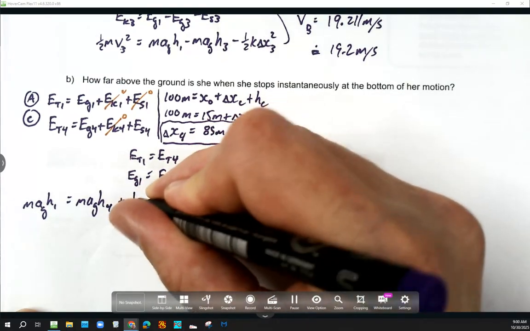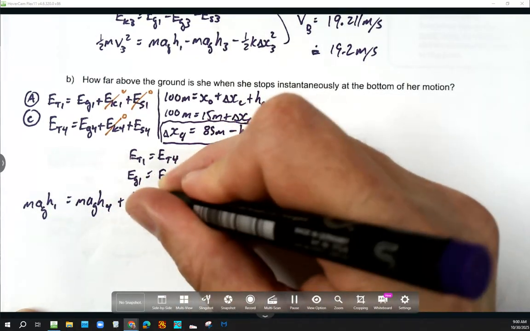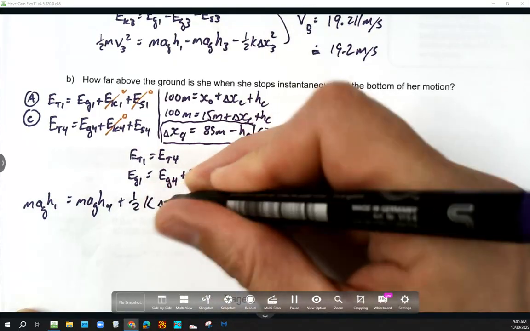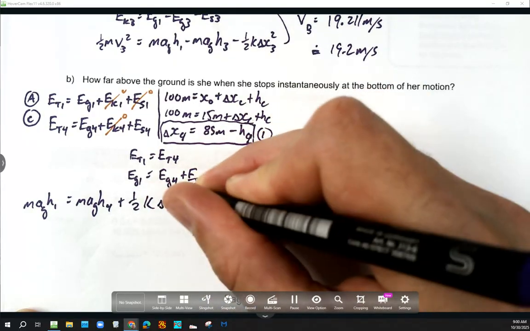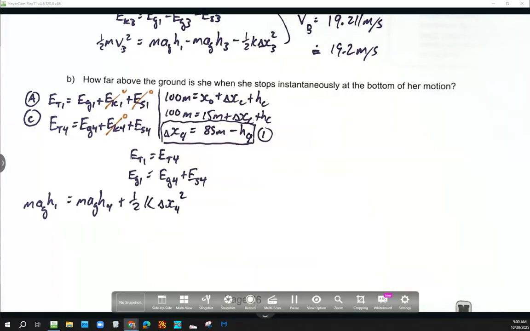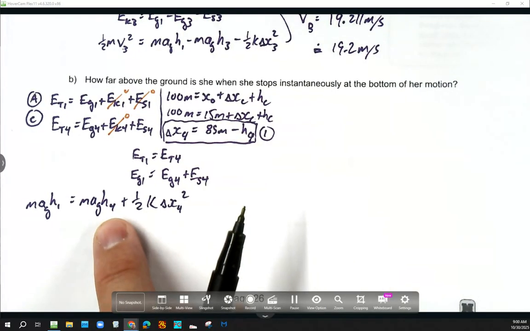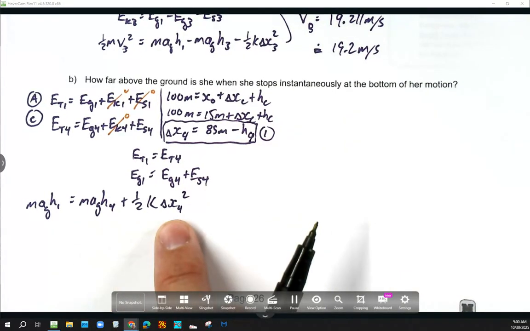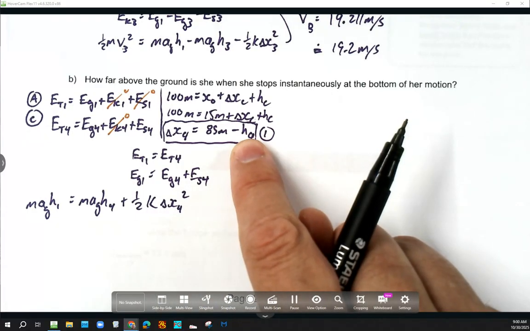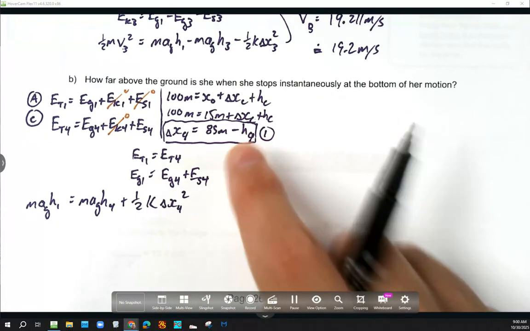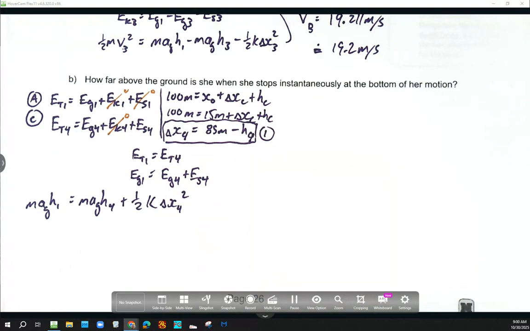Plus 1/2 K delta X4 squared. And now I'm like, ooh, this is getting interesting. I've got an H4 and a delta X4, just like I have an H4 and a delta X4 up here. And so this is actually kind of useful for me. I'm thinking now I have a system of two equations with two unknowns. And that's something that I do feel familiar with.